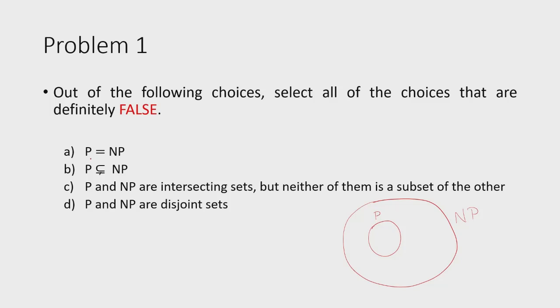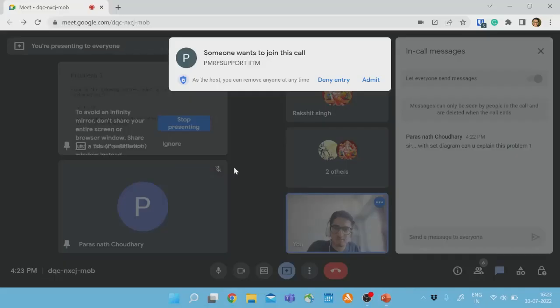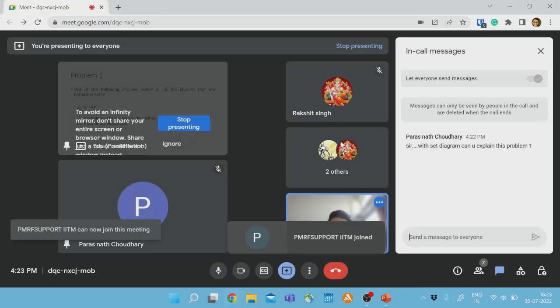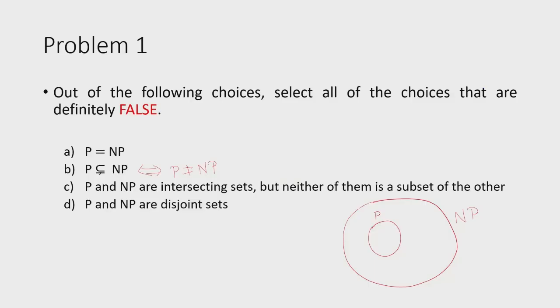So we do not know if P equals NP. This is an open problem. The second option is equivalent to P not equals NP.